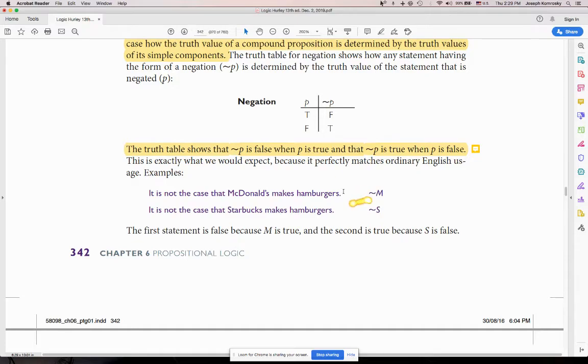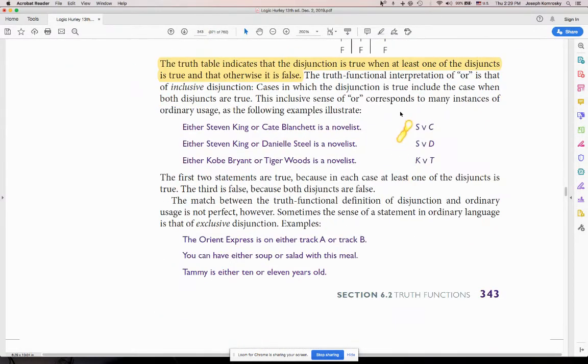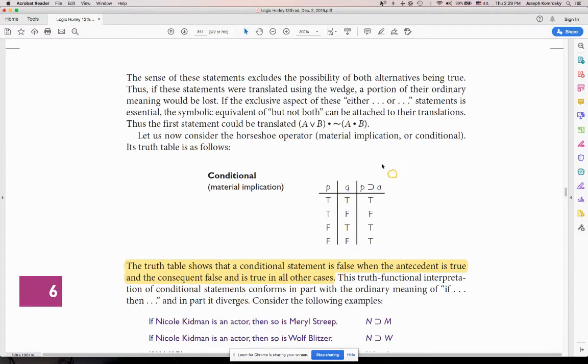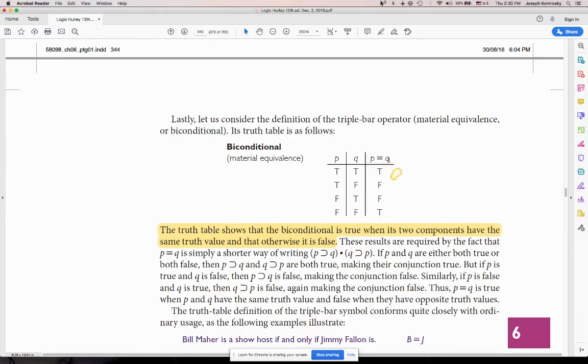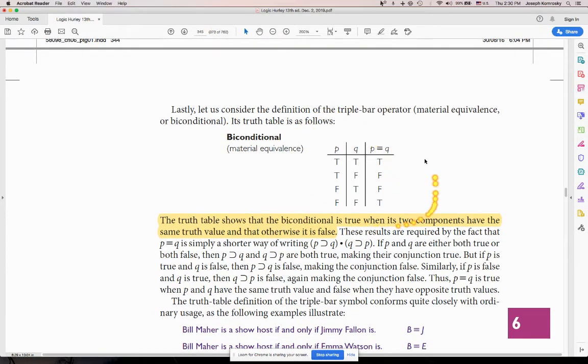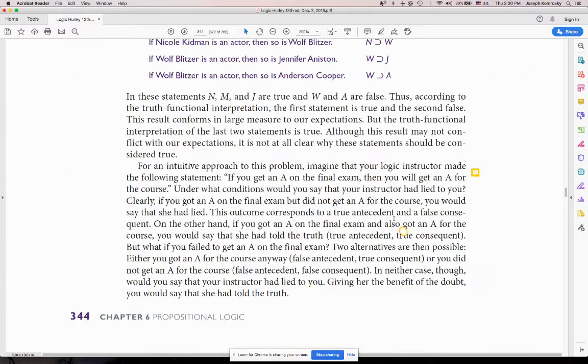Well, it's using tilde. And as we see later on, we'll see conjunction, we'll see disjunction, conditionals with a horseshoe, and then we'll see triple bar. In each case, we're going to be looking at examples that we have seen in 6.1, like these guys. But now we're going to look at this and say, okay, is that true or false? Okay, so it's just an added layer.